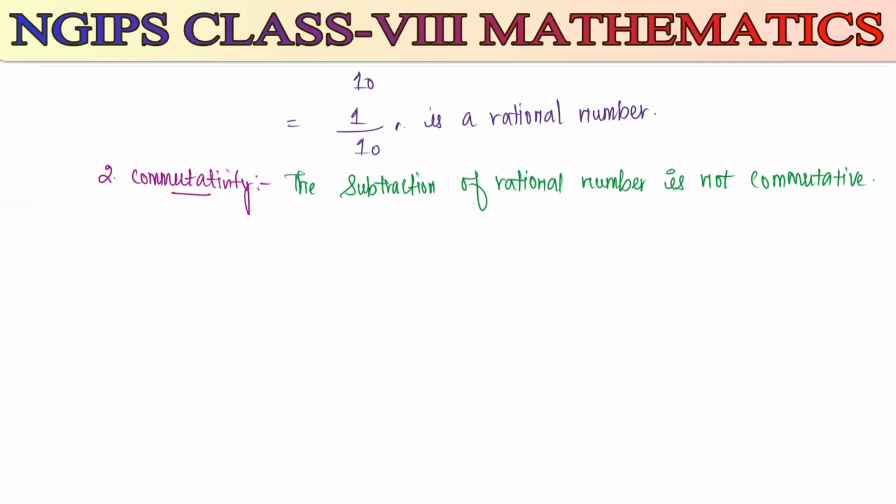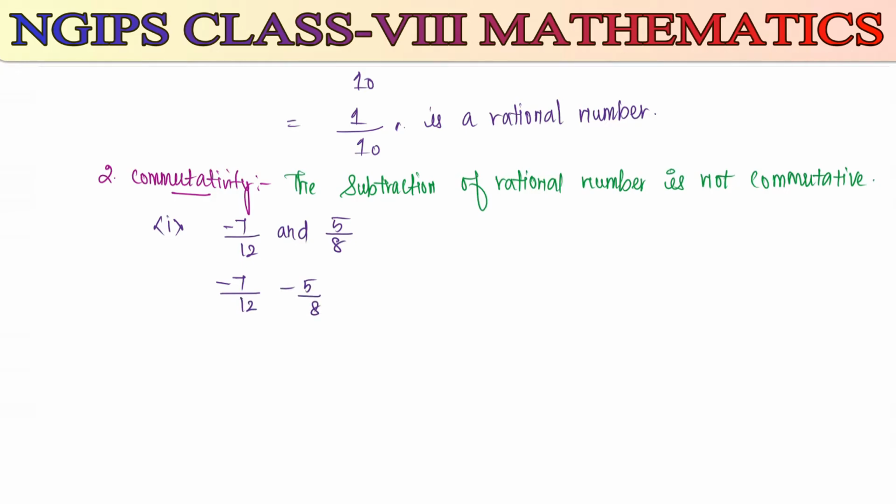I'm going to give an example. Consider the rational numbers: one is minus 7 by 12 and the other one is 5 by 8. Both we need to subtract. So minus 7 by 12 minus 5 by 8.